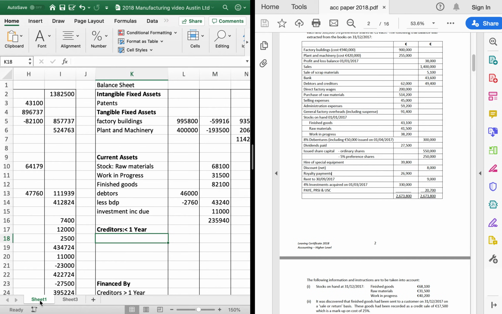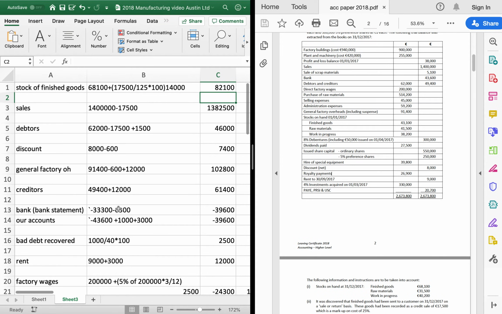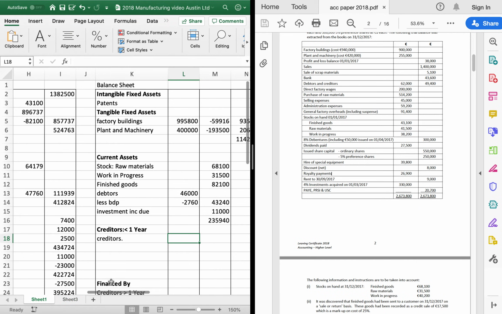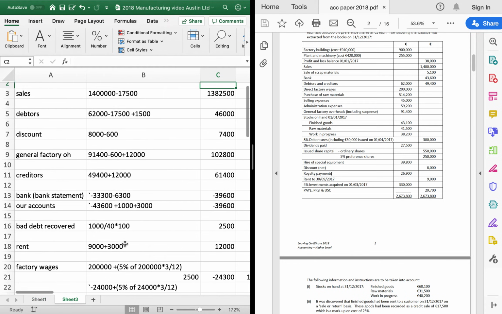Okay, your creditors falling due within 1 year. Your trade creditors themselves, 60 something at the top, 61,400. You definitely had debenture interest due, 23,000.